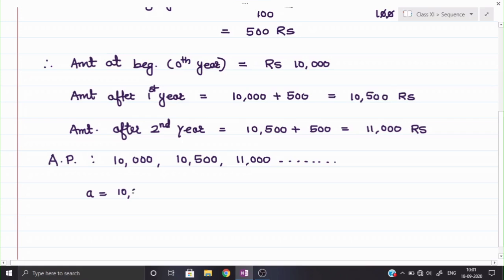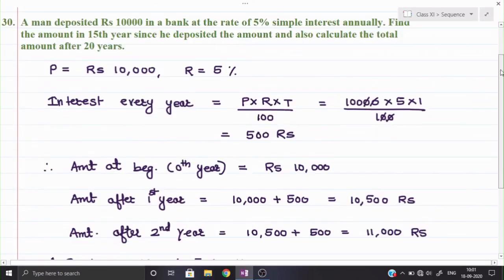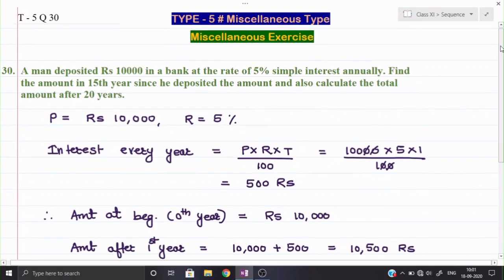So now value of A will be here 10,000, value of D will be here 500. Okay, that is given to us. Now value of N is not fixed because we require two values. So see the first one. Now you need to understand the difference between the two values they are asking.